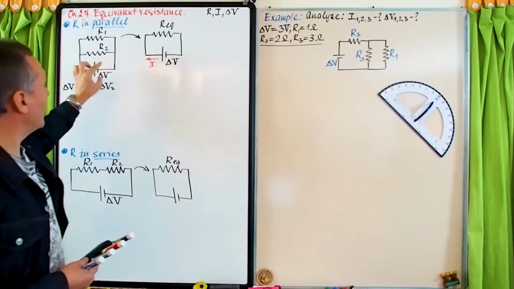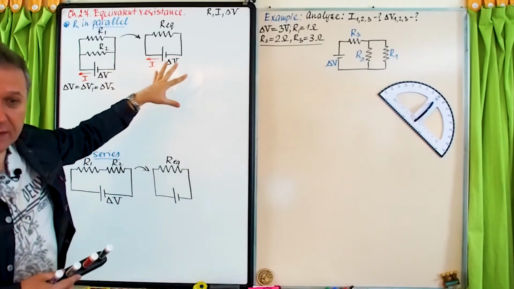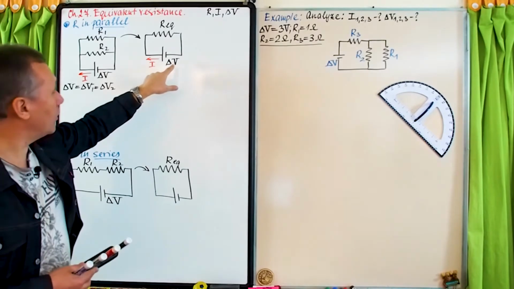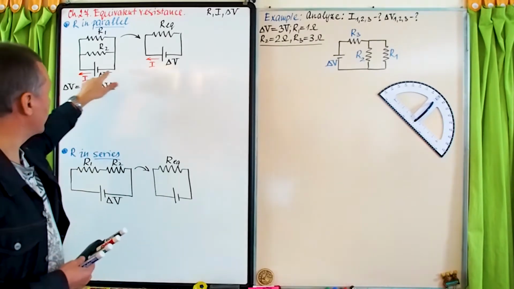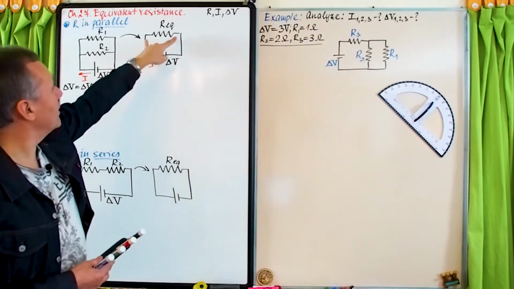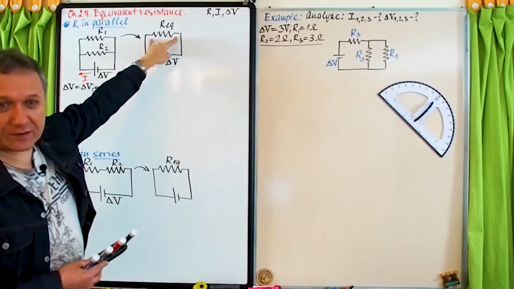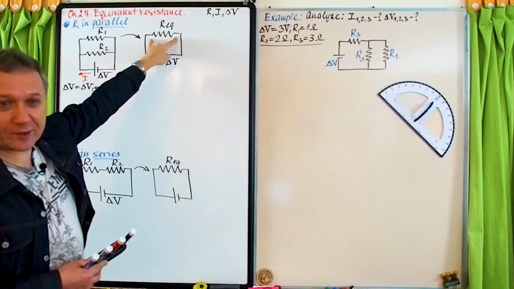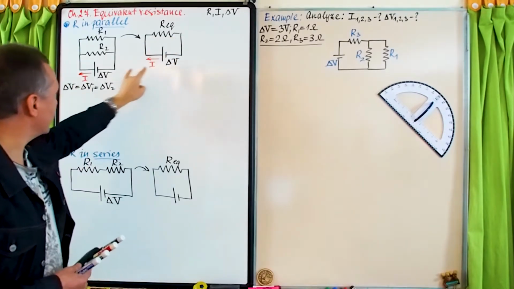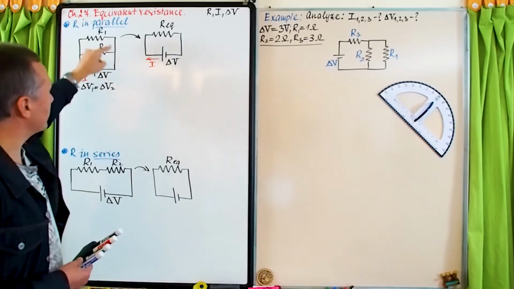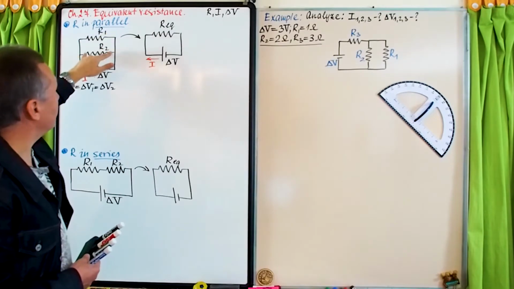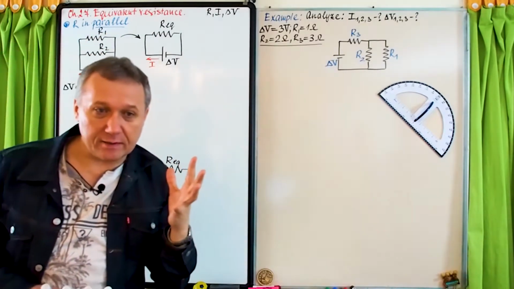Since this battery must work in exactly the same way in the equivalent circuit as well, also we have delta V, which is equal to those two. And this delta V is right across this resistor R equivalent. So the potential difference across R equivalent equals the potential differences across resistors connected in parallel.